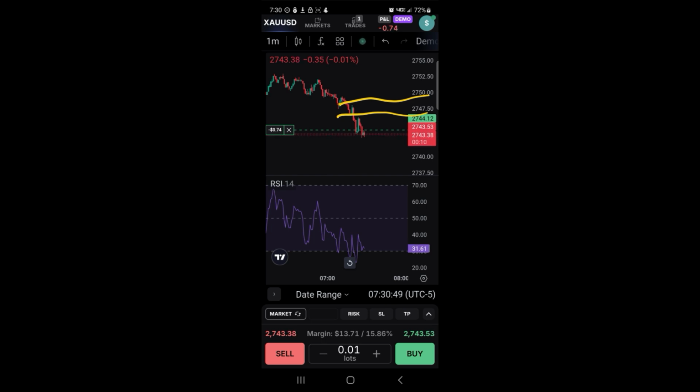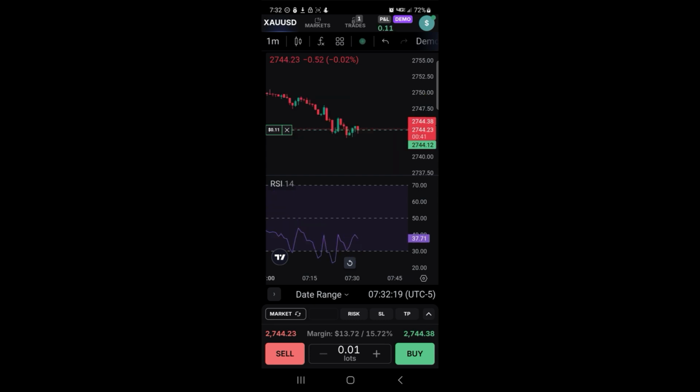So I'm going to set a take profit. Okay, we are going to set a take profit up around this area here. The first step in setting a take profit is to tap inside of the box where your money is showing.